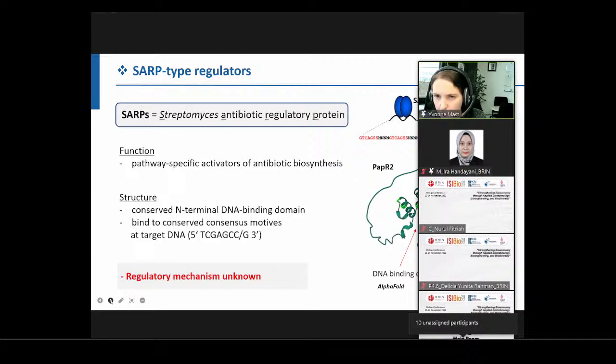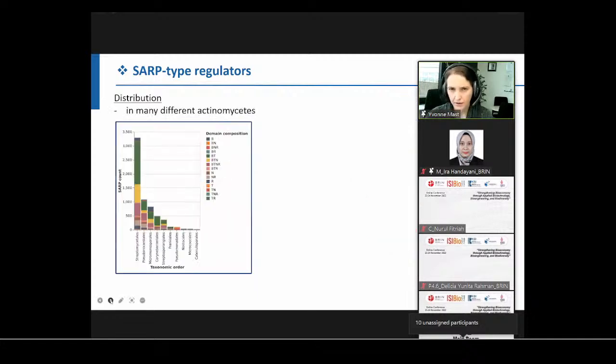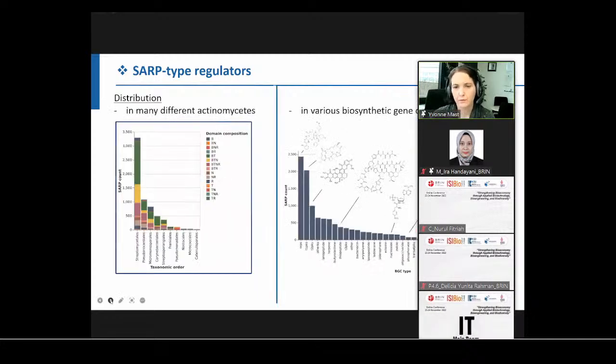in the antibiotic producers. So having that in mind, we had a closer look at where those subtype regulators occur, and we found that the genes are very abundant in many different actinomycetes. You can find them in nearly all streptomycetes, but also in other important antibiotic producers belonging to the actinobacteria family.